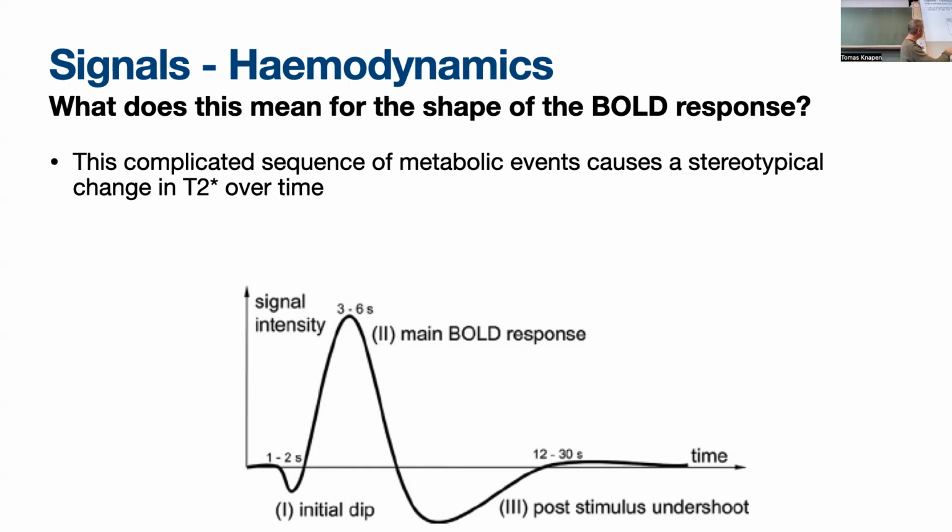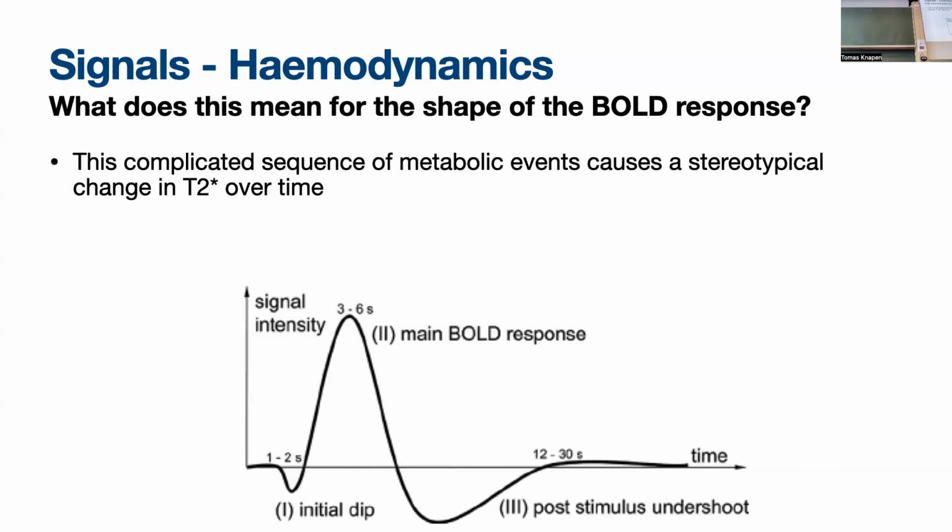If you look at the sequence of events in terms of the T2* development of the signal over time, you expect this first initial dip, which is the decrease of oxygen, the initial oxygen being used, and the vasculature with its fast response responding to that. Then you get this really big main BOLD response, and that is the aspect of this response that most analyses are focused on.